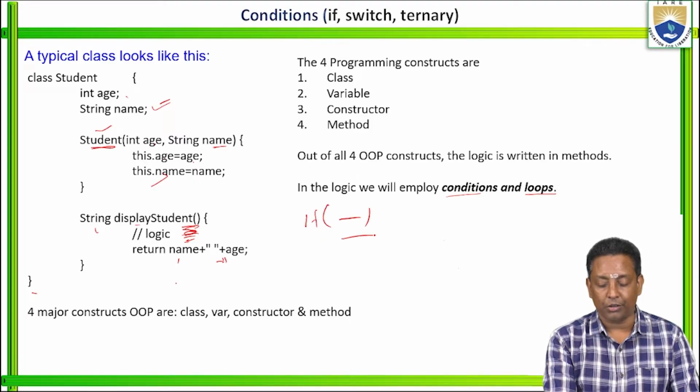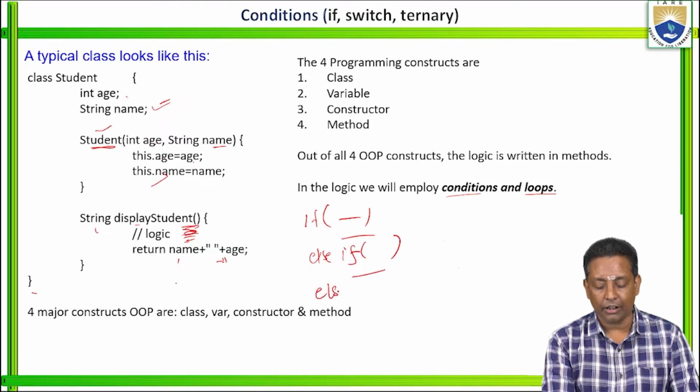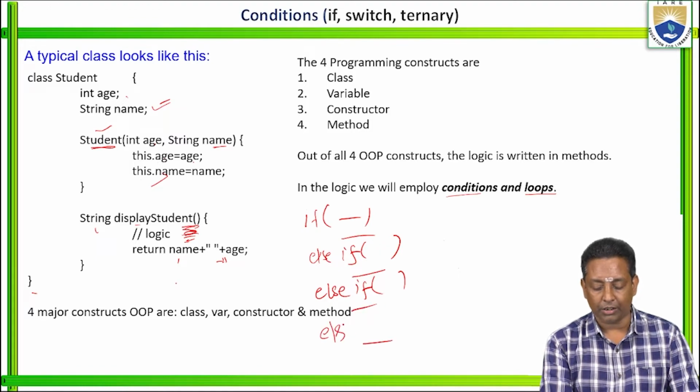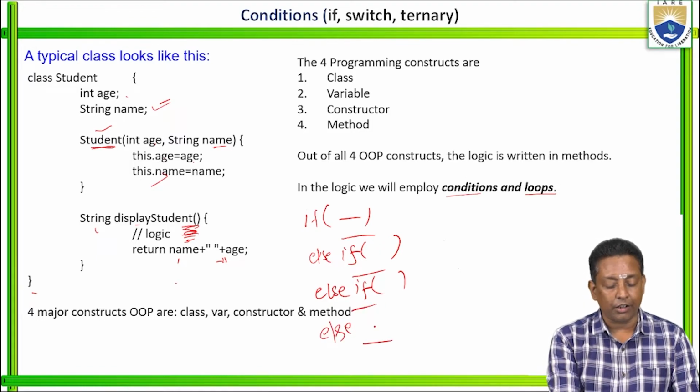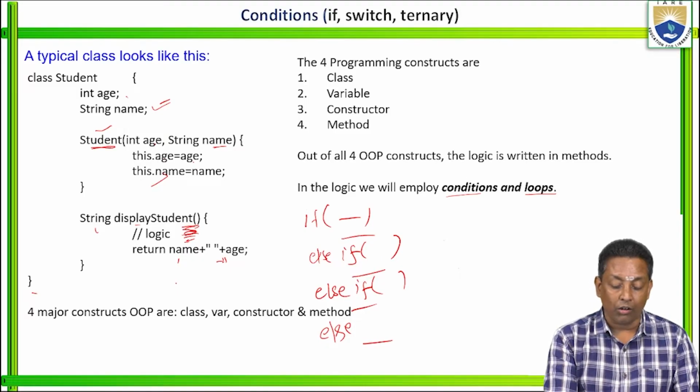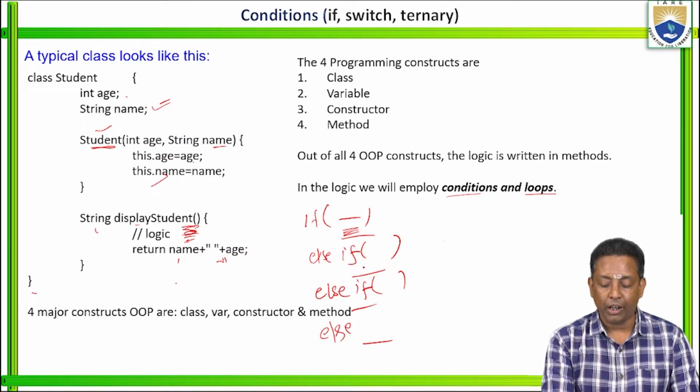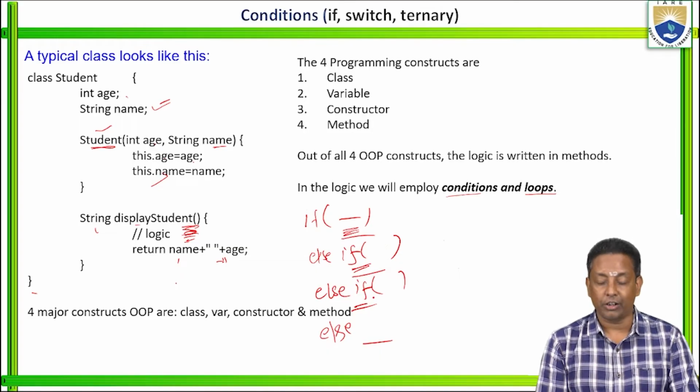If the condition is satisfied, we want to print something. Else if one more condition is satisfied, we want to print something. Else if one more condition is satisfied, we want to print something. Else, we want to print something. Like this, the logic written inside the method executes conditionally, only if some condition is successful. If another condition is successful, we execute something else.